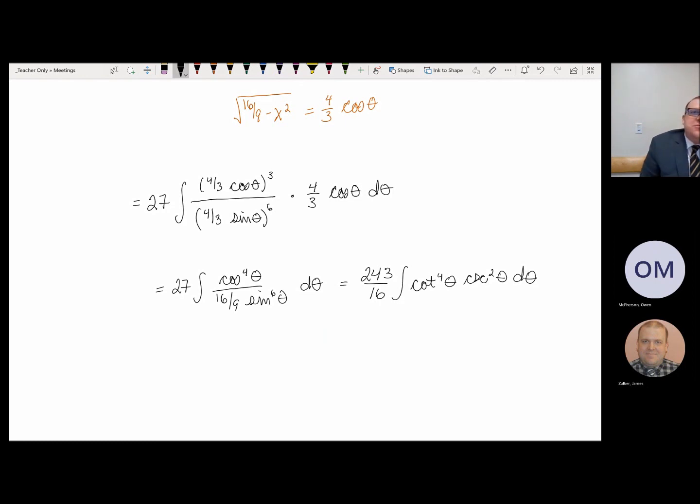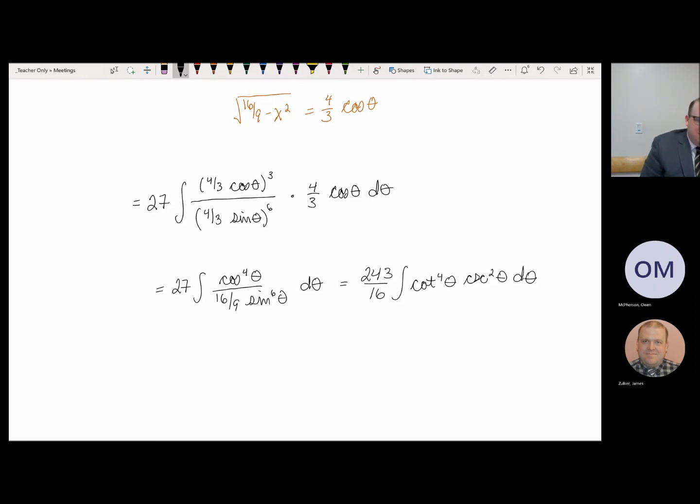How are we going to do that antiderivative? Well, the derivative of cotangent is negative cosecant squared.